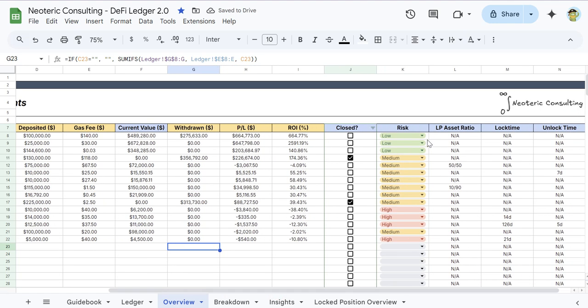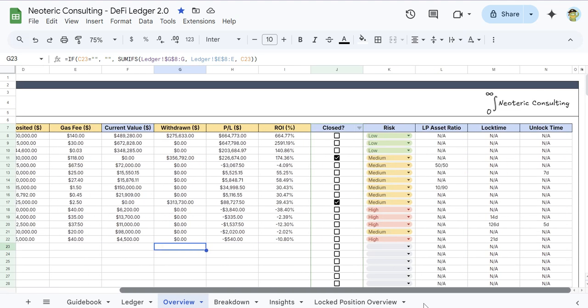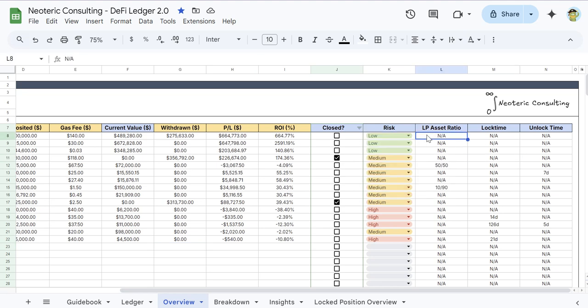And then you want to select what risk this is. I presume Bitcoin is very low risk, and you choose between low, medium, and high. And here is LP asset ratio. While it's simple to understand and use, it's also pretty simple to mess up.